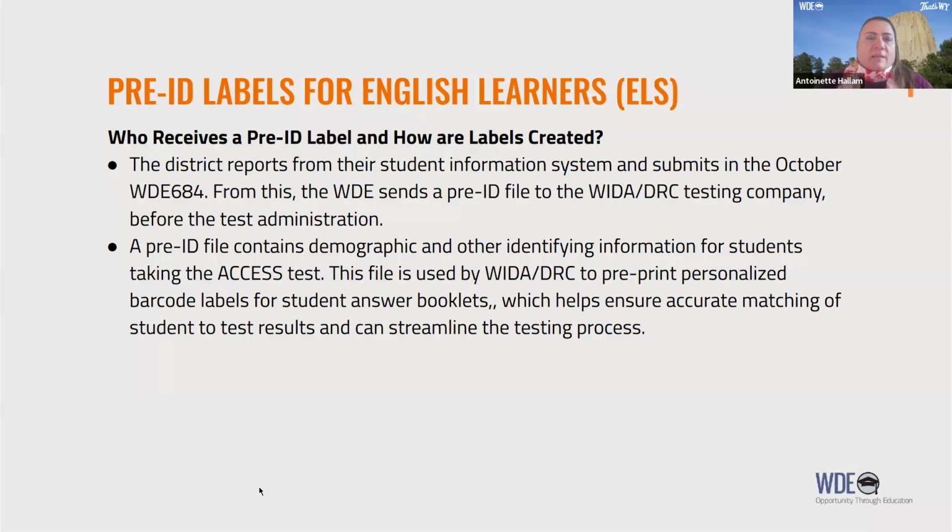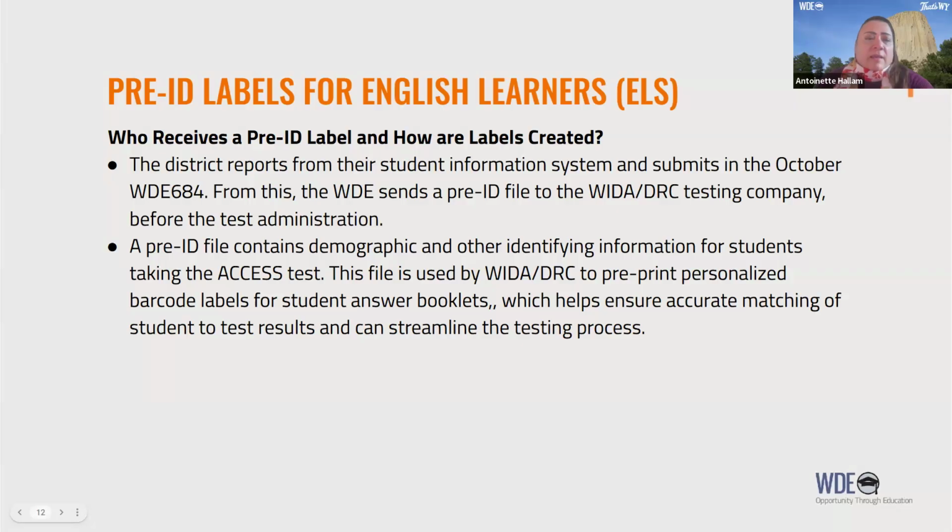Okay, our next slide is on the pre-ID labels. Districts report their English learner students in October through the WD 684 and their SIS system, which the state then uses this information to create a pre-ID file and sends it to the WIDA DRC to create pre-ID labels before testing.